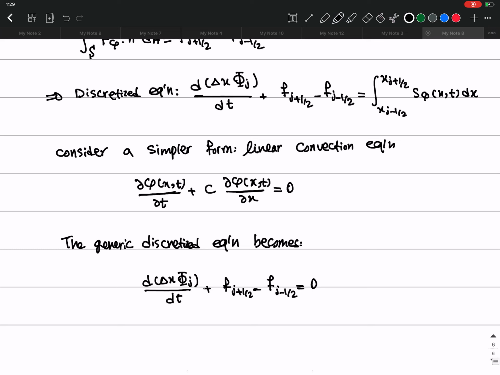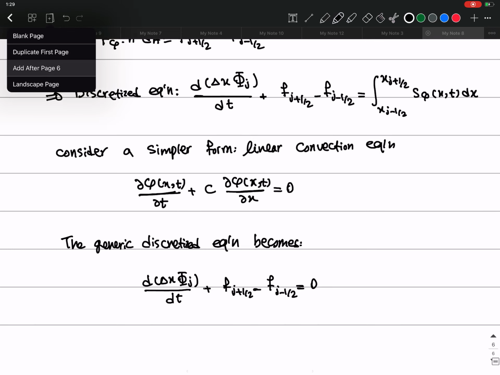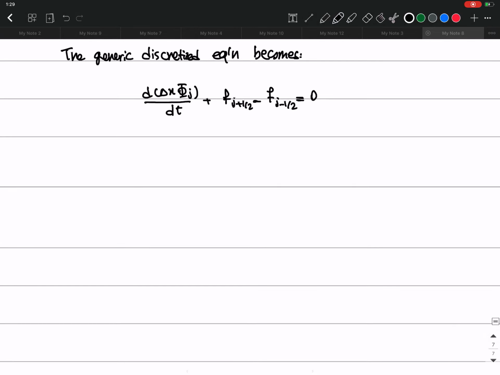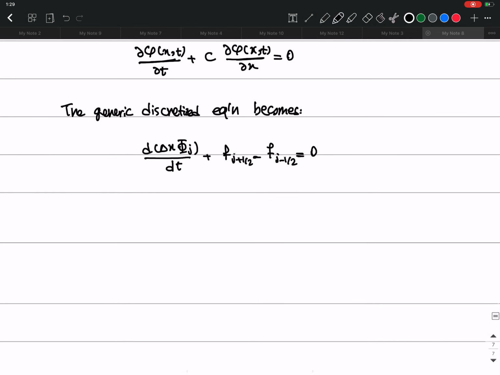So now I want to calculate the surface and volume integrals for this generic discretized equation.